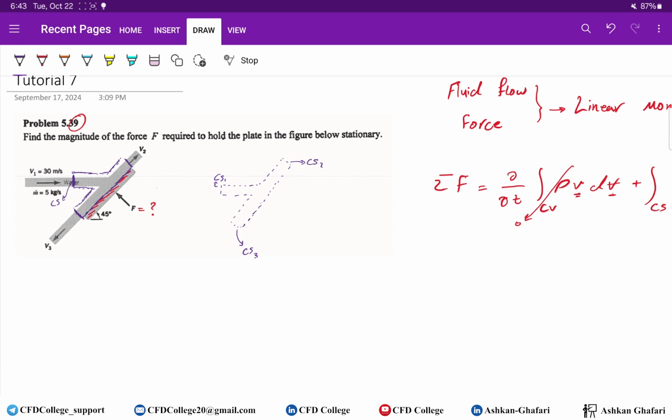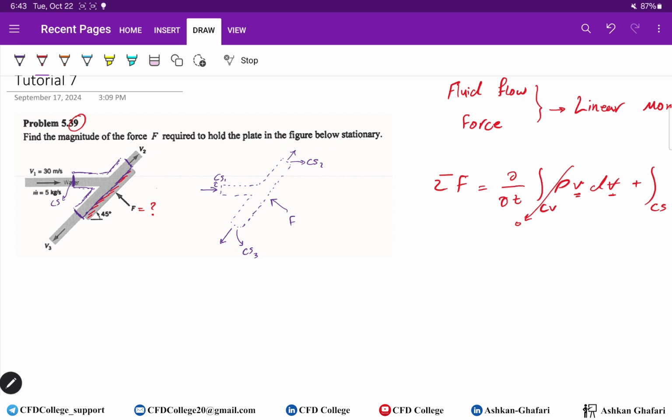And we have a force. This is F. We should find it, and that's it. The first step is to draw the control volume, identify the control surfaces where you have inflow or outflow, because it's important, the direction of the flow.